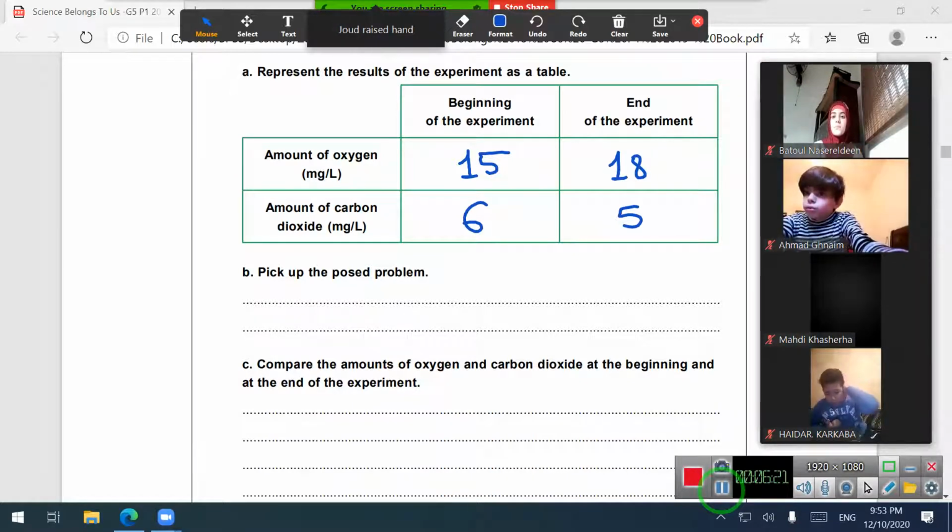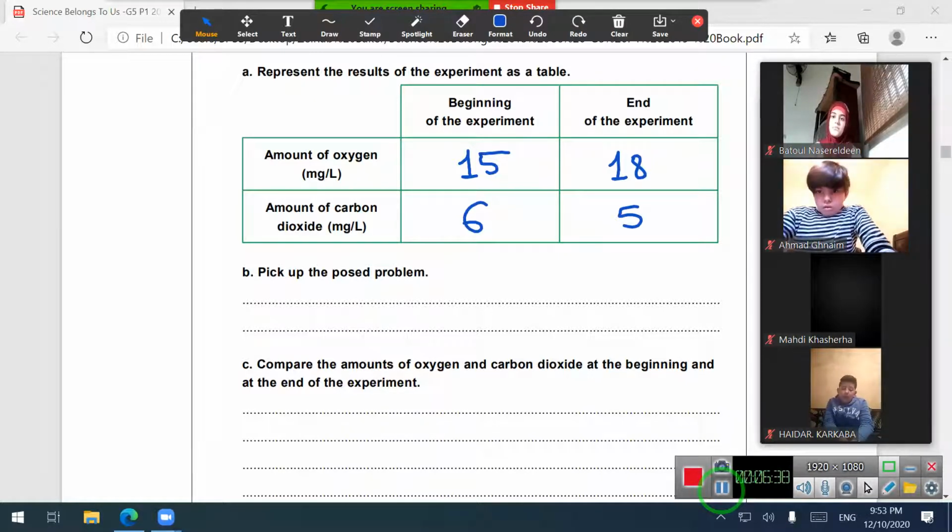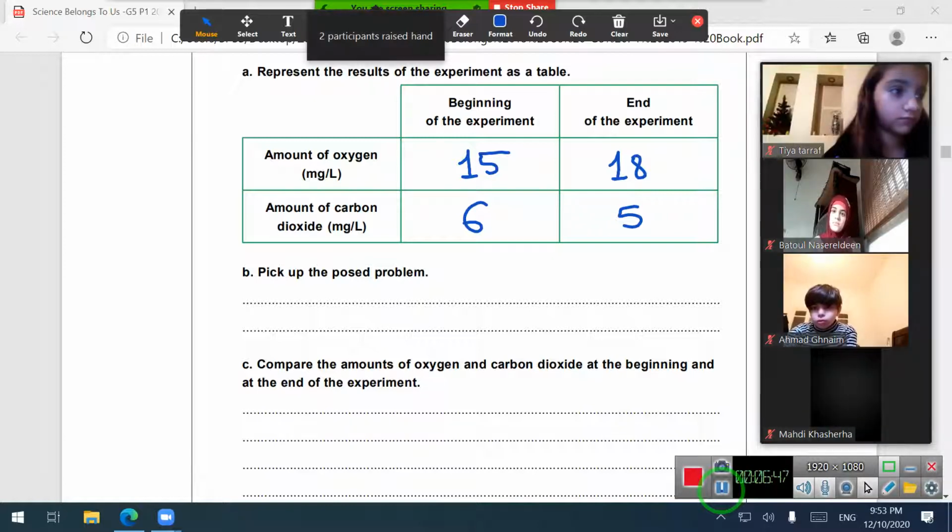So the experimenter made this experiment in order to observe what is absorbed and what is released during photosynthesis. Or we can say also, the posed problem written in the question is to study the gaseous exchange that takes place during photosynthesis. But also, of course, your answer is correct.